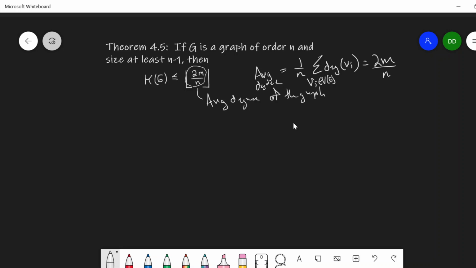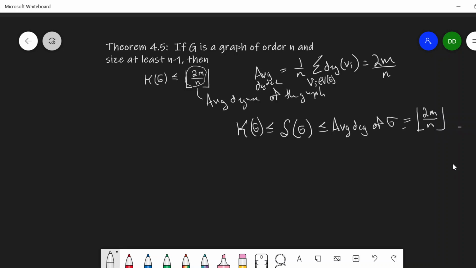The minimum degree of G is at most the average degree of G. And remember that the vertex connectivity of the graph is at most the minimum degree. And since it has to be an integer, we can go ahead and take the floor of this average degree. And that establishes this one. So this gives us an upper bound on the connectivity of a graph in terms of its order and size.